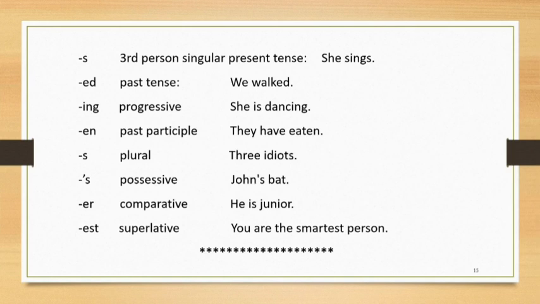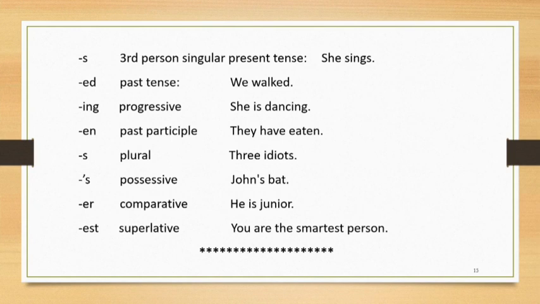Comparative, he is junior. Like small, smaller, smallest. We can have, like, he's smarter. Now smart is used as an adjective.